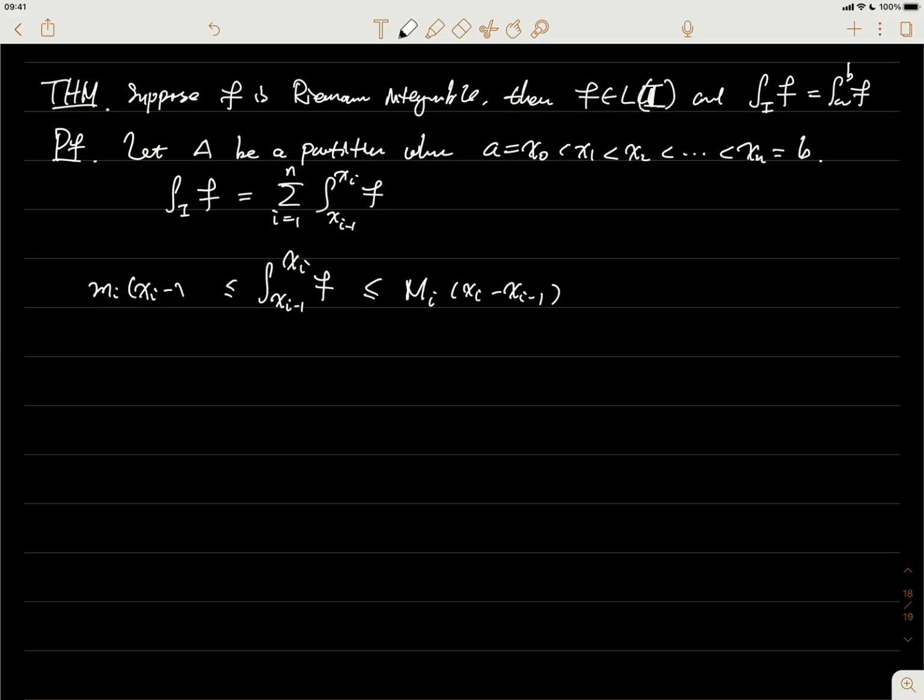And the length of this segment is x_i minus x_{i-1}. So that's why I know this is true. So for each of these segments I can show this, so I can sum them up to obtain the upper sum and lower sum.